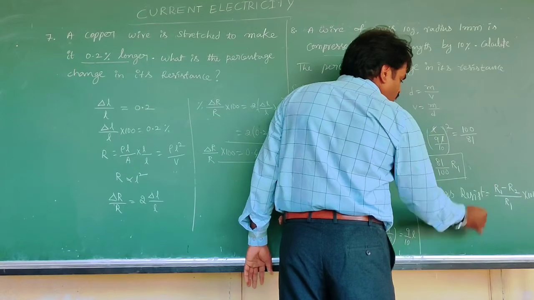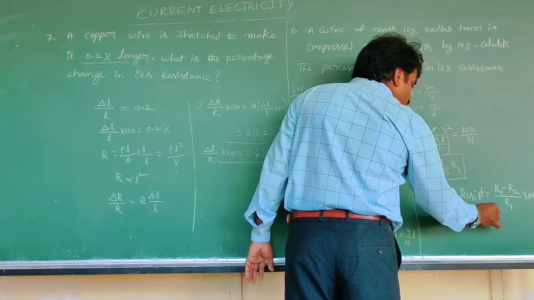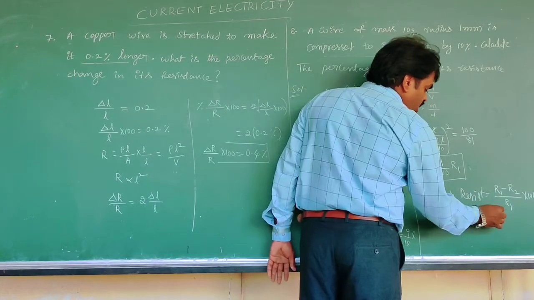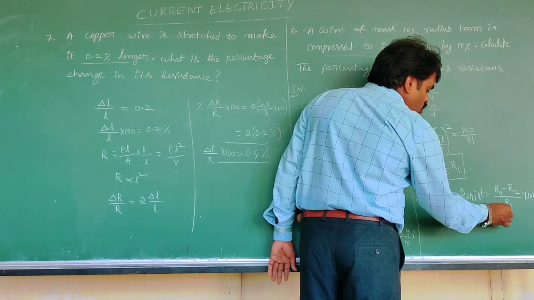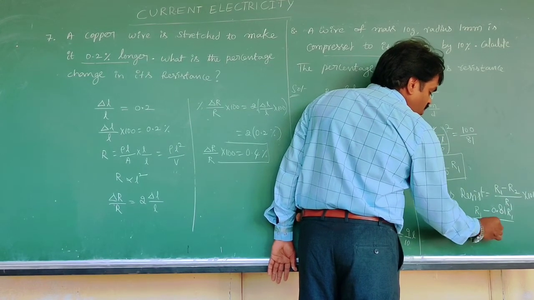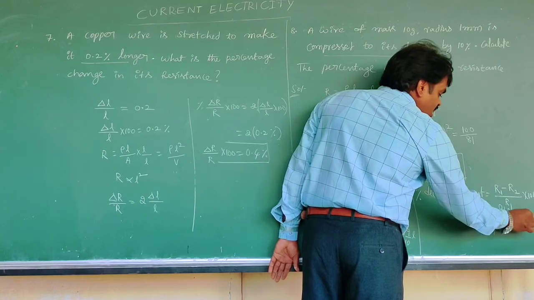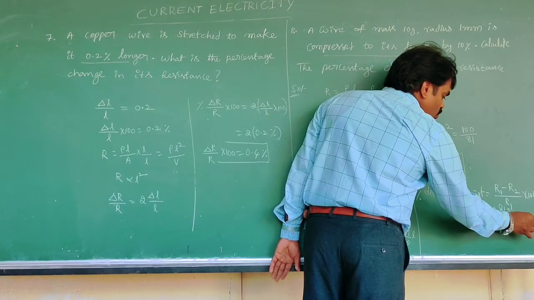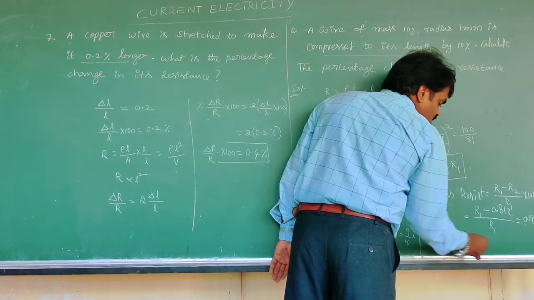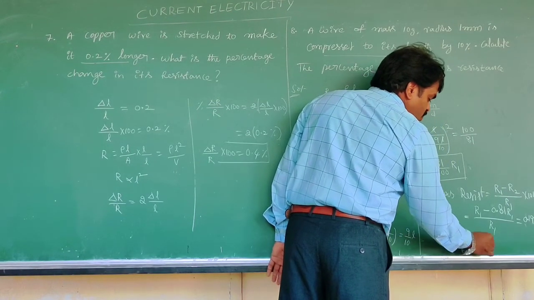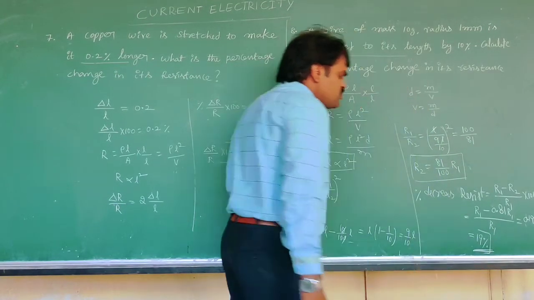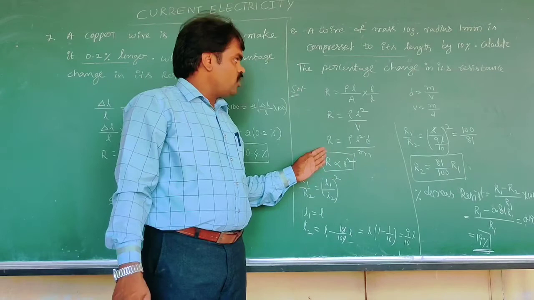Here R2 is 81 by 100, that is 0.81 R1. Then we get 0.19 into 100, that is 19%. This is the 19%.